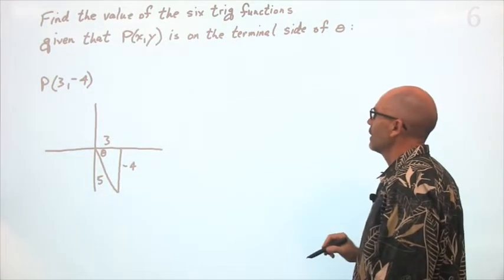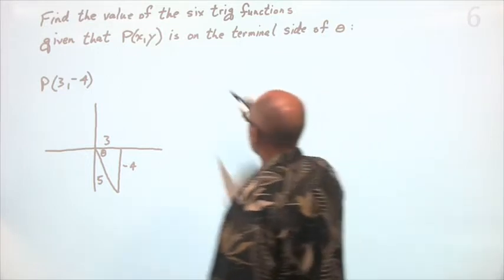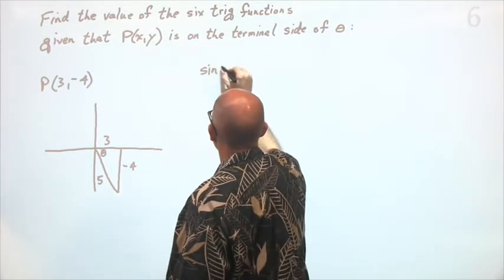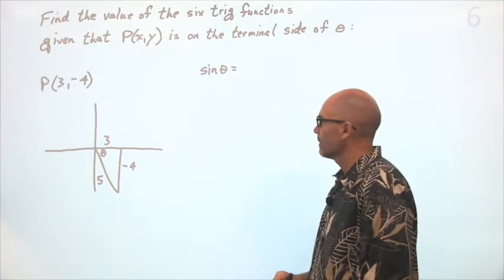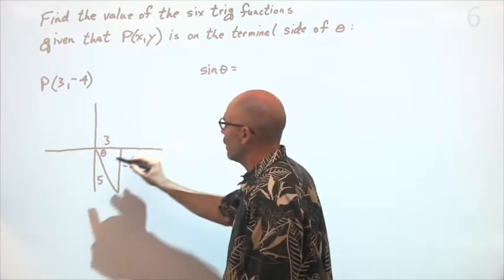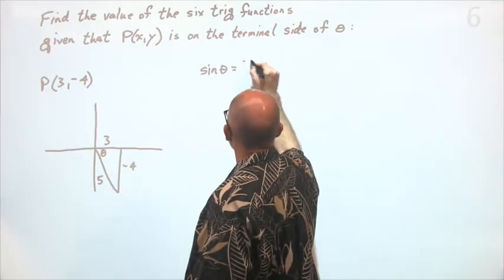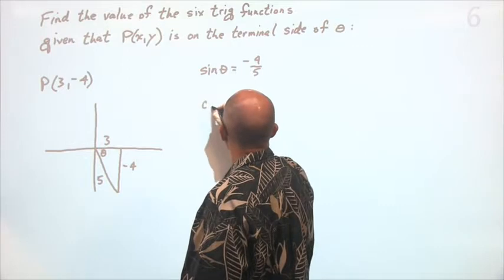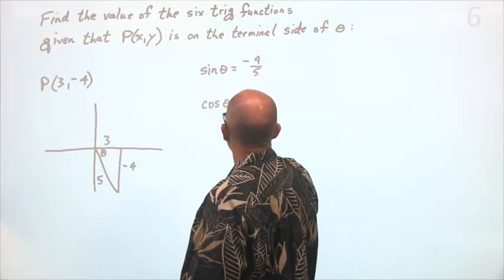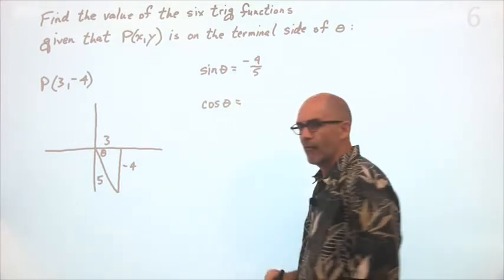All right, so sine of theta equals what? Opposite over hypotenuse. So it's -4/5. Cosine of theta equals what?